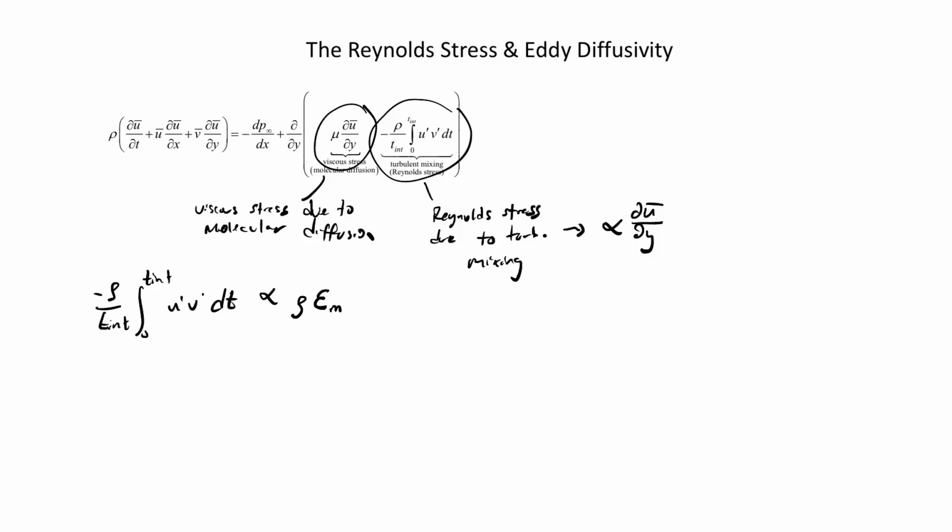This is going to be our density times the proportionality constant that we have to have a model for, times this gradient, which is du bar dy. If we can come up with a model for epsilon m, we can have a pretty good approximation of that whole thing on the left-hand side. And once we have that, we can have a model that fulfills this equation for continuity in a turbulent boundary layer.